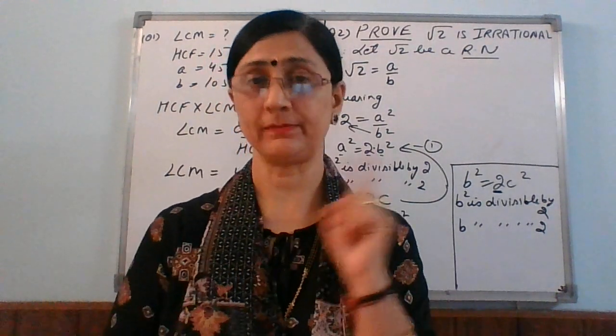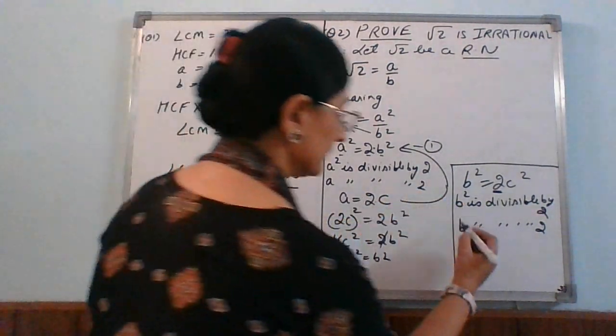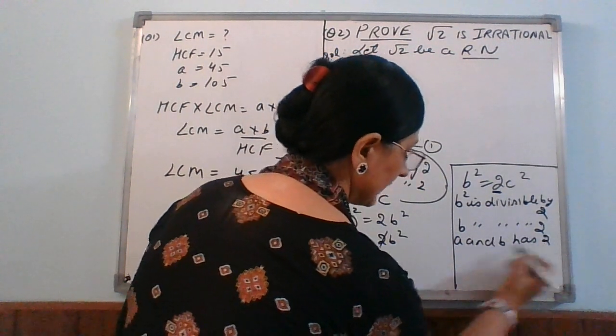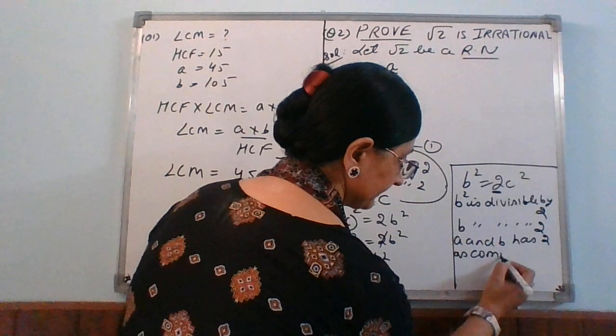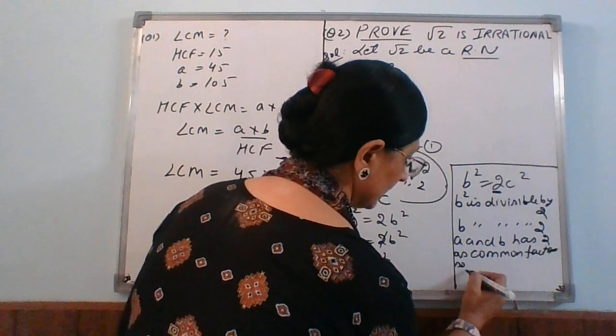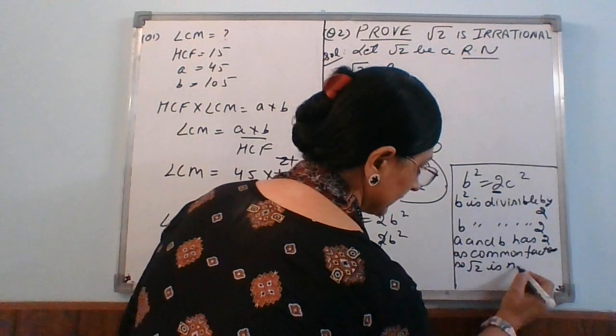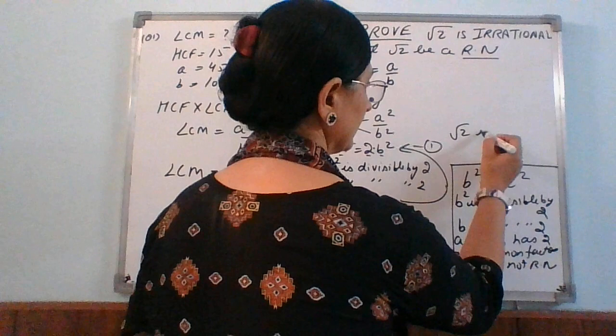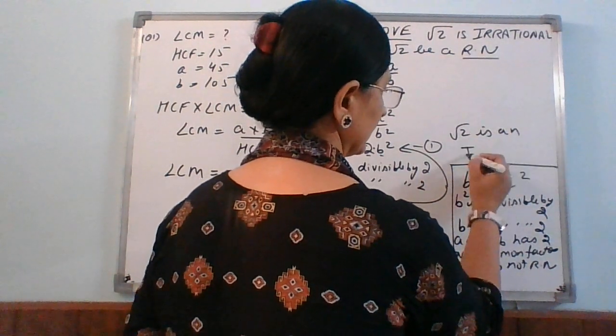Rational number में there is no common factor. So a and b have 2 as a common factor. So root 2 is not a rational number, right? So root 2 is an irrational number.